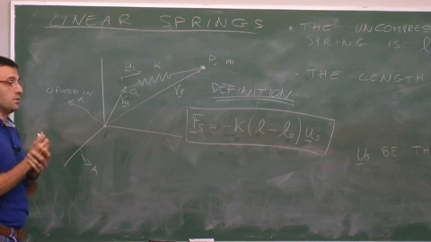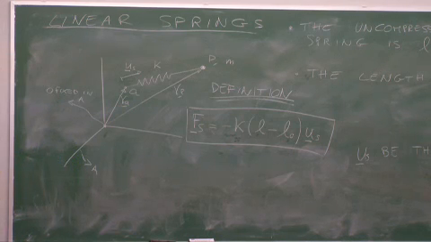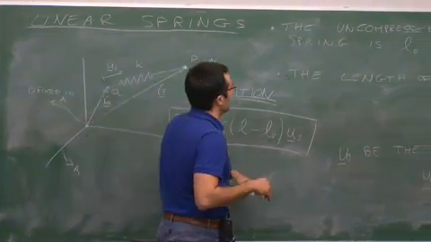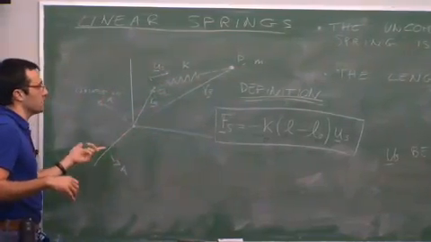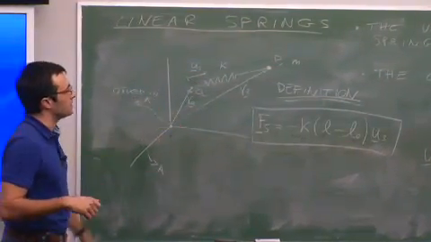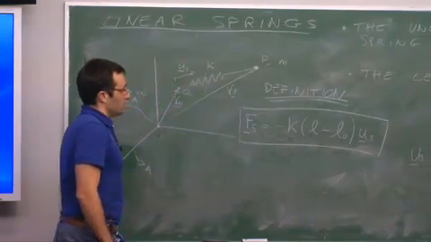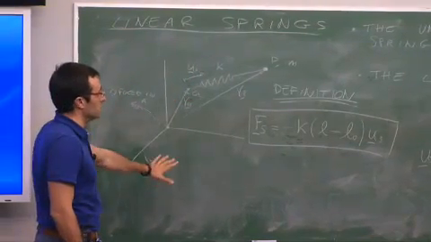That's all you need to use. Every time you have a problem, you figure out VREL. That's all you have to do. In this case, L0 will be a given, of course. It's the unstretched, uncompressed length. You need to figure out L, the way to express L. We'll see a couple of problems. And a way to express US, and assemble this vector. Make sense? You have questions on this?